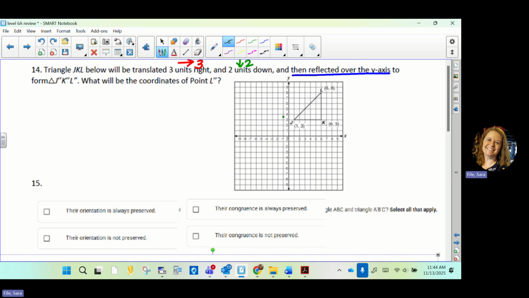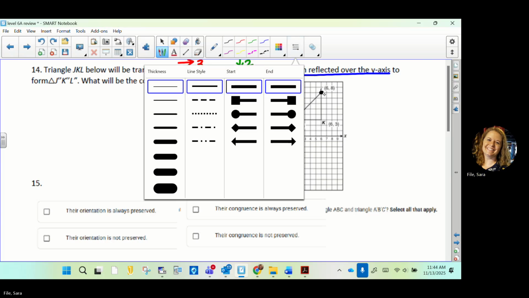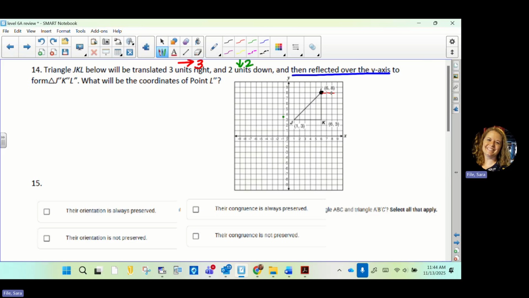Okay, so I could look at point L. That's my pre-image point. And I could actually make these changes. So I could go right 3: 1, 2, 3. And then down 2: 1, 2. That puts me here. Then I would need to reflect that over the y-axis.